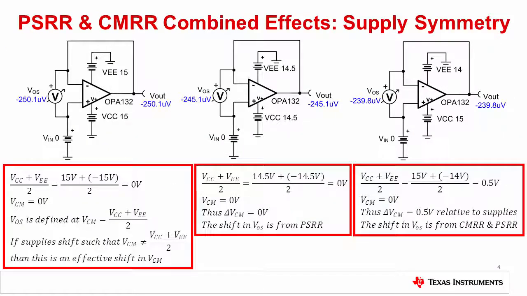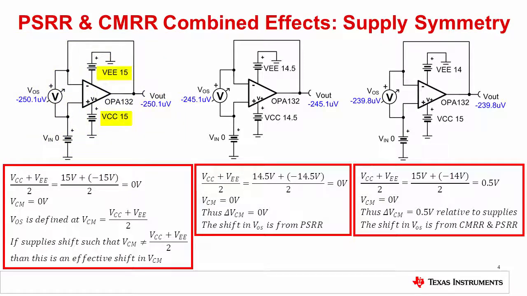This slide shows the difference between a symmetric and asymmetric change in the supply voltage. The key thing to understand is that an asymmetric change in the supply voltage translates to a shift in the common mode voltage. A shift in the common mode voltage will introduce a common mode rejection error. To better understand this, first look at the default test condition shown on the far left.